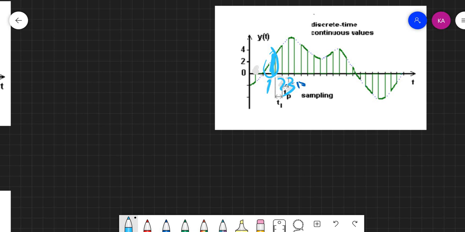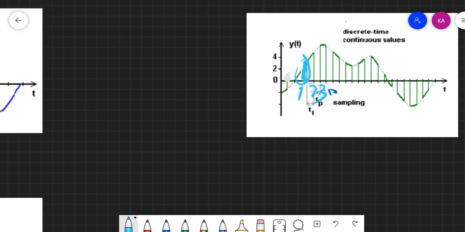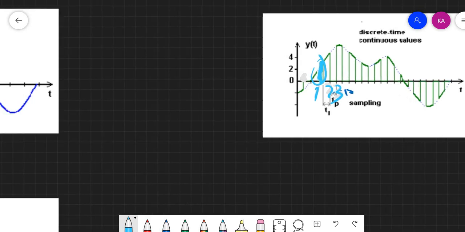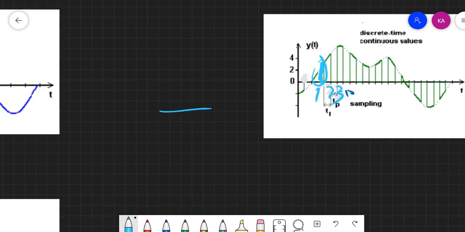Don't confuse it with amplitudes. I will give some separate statements for continuous amplitude and discrete amplitude. So just take the continuous amplitude case. If you see any sudden change in the amplitude at a particular time, that kind of signal we can say is discrete time.